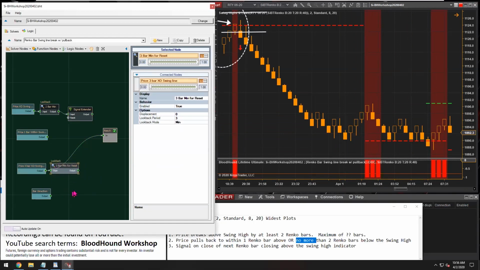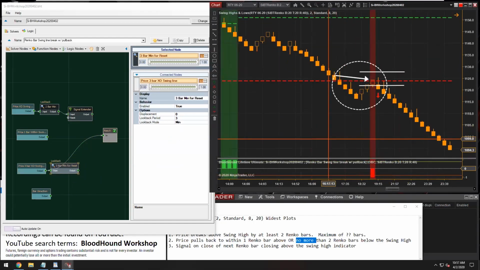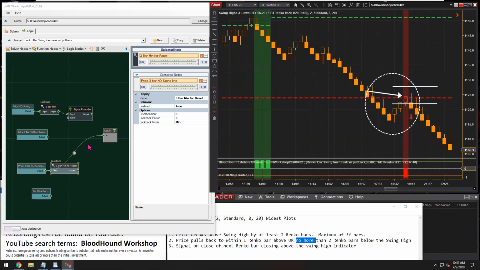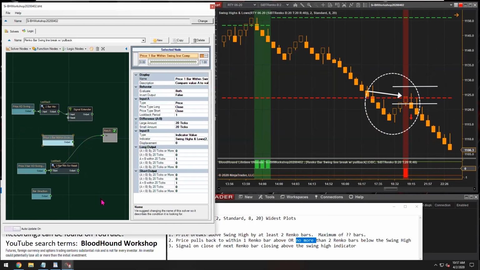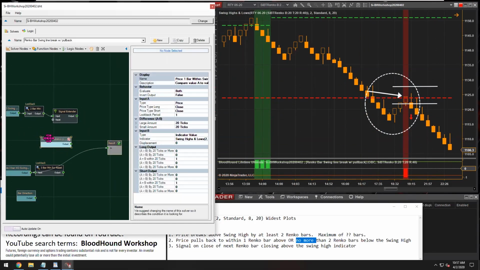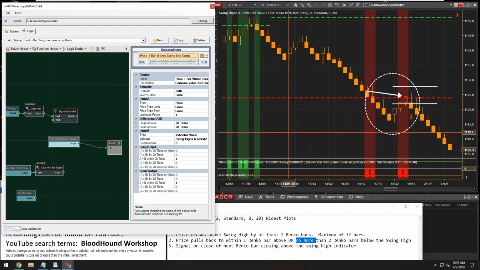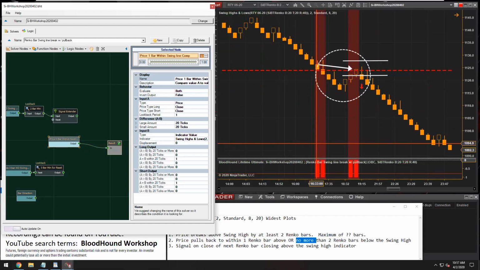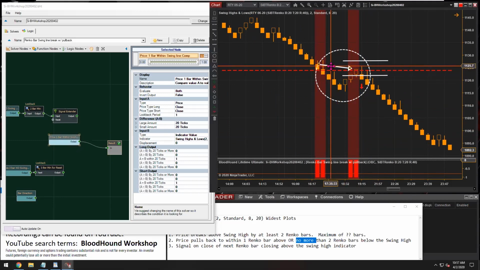So, all right, getting back to here. Let's go back to this solver here, that's detecting price coming within 20 ticks of the swing line.